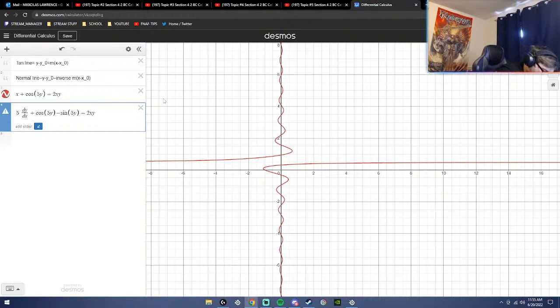So then technically it'd be y plus x dy/dx, which then I think would just be, okay, hold up: 5 dy/dx plus cosine of 5y minus sine of 5y is equal to 2y plus 2x dy/dx.